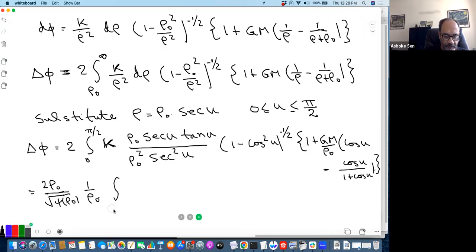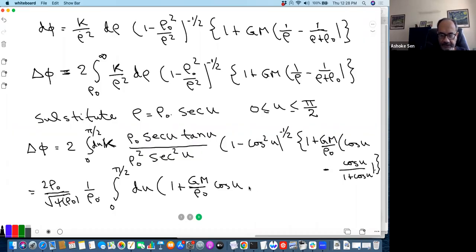So this is from 0 to pi by 2. This is 1 over sine. So basically, you can check that 1 over sine, when you combine with this, everything cancels. So you just get du times 1 plus gm over rho naught cos u. And then this other term minus gm over rho naught.